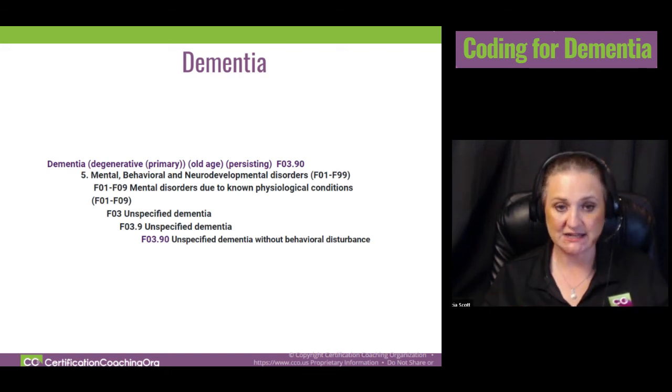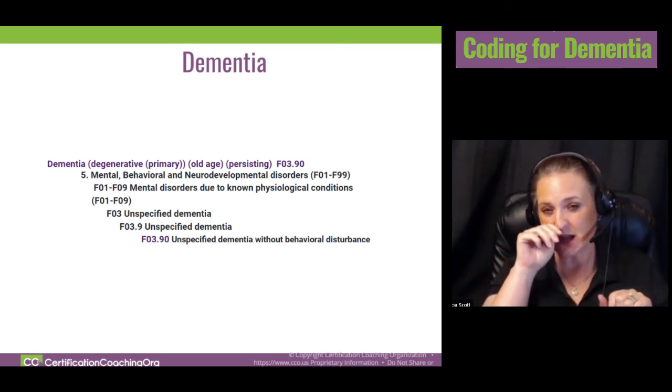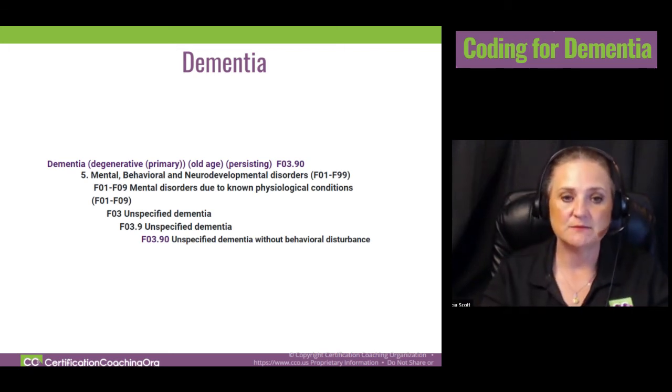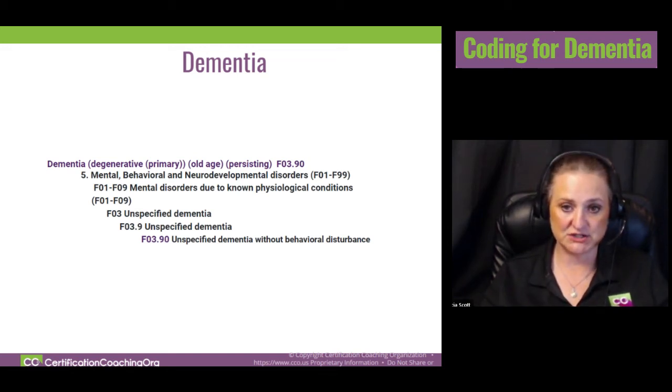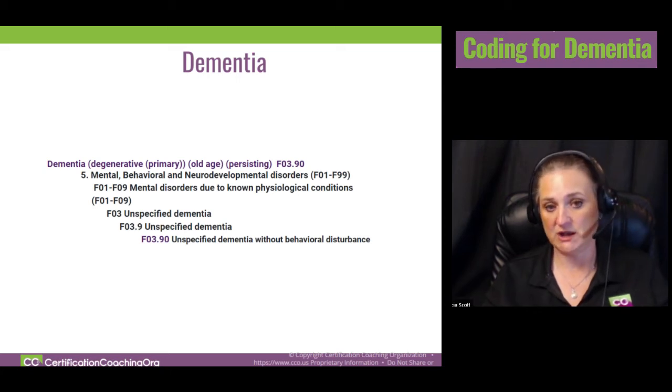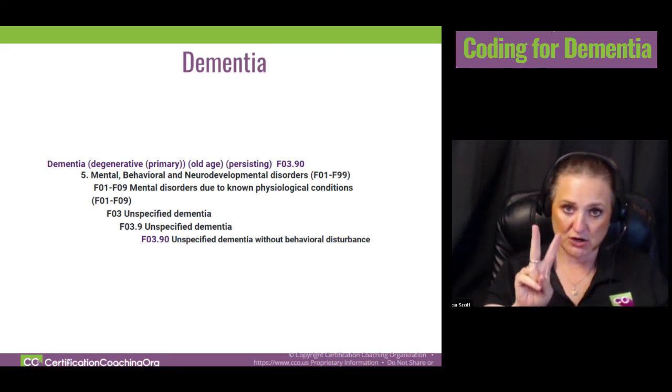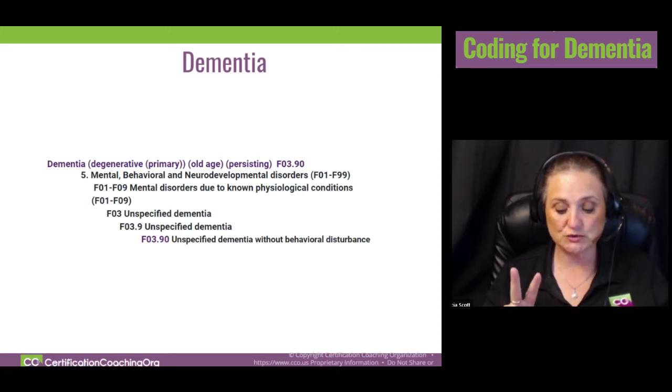That being said, let's now start looking at some of the codes, and then we're going to divide these up. The first thing, if you just look up senile dementia, or dementia because a person's getting old, your index is going to direct you to F03.90. Now, there are two areas in your code manual that affect dementia.